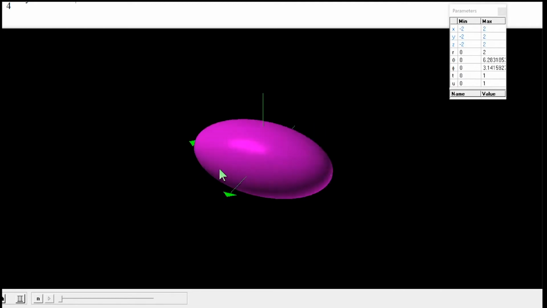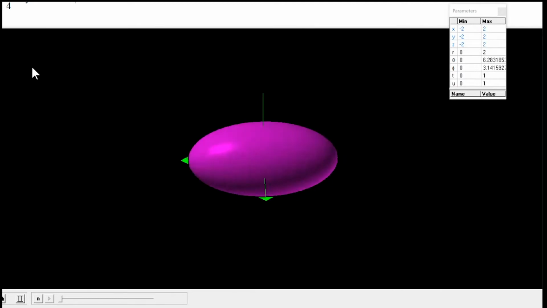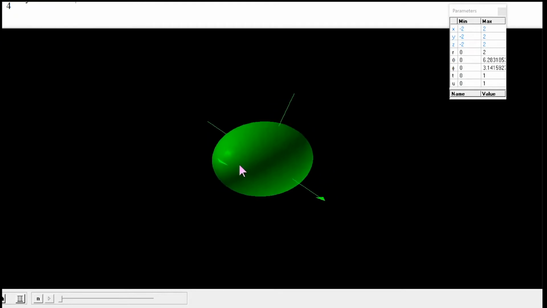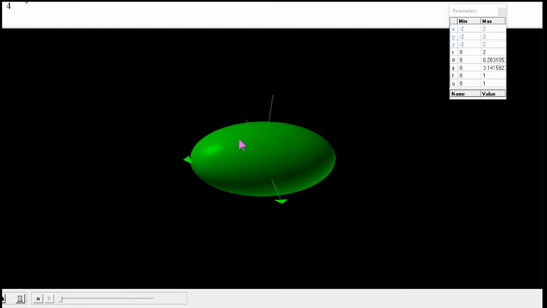This is what we just created. You know what I'm saying? That is rotating about the x-axis.